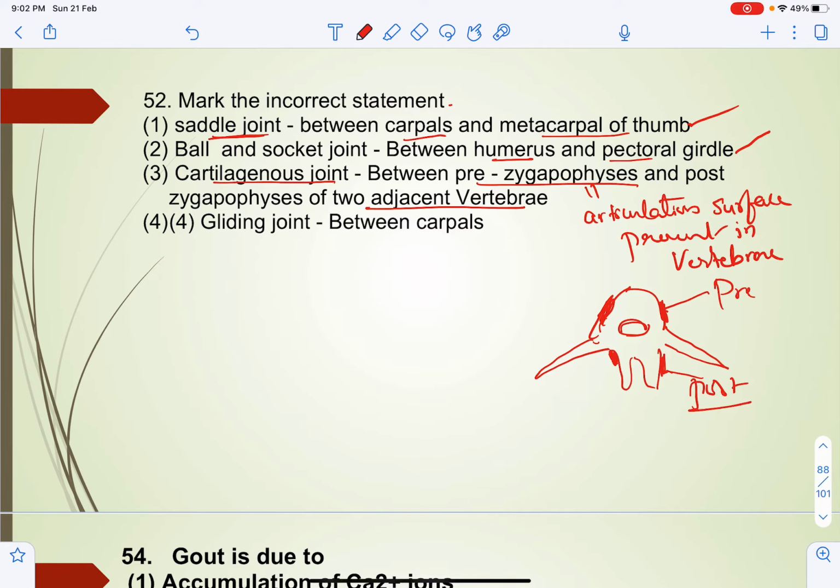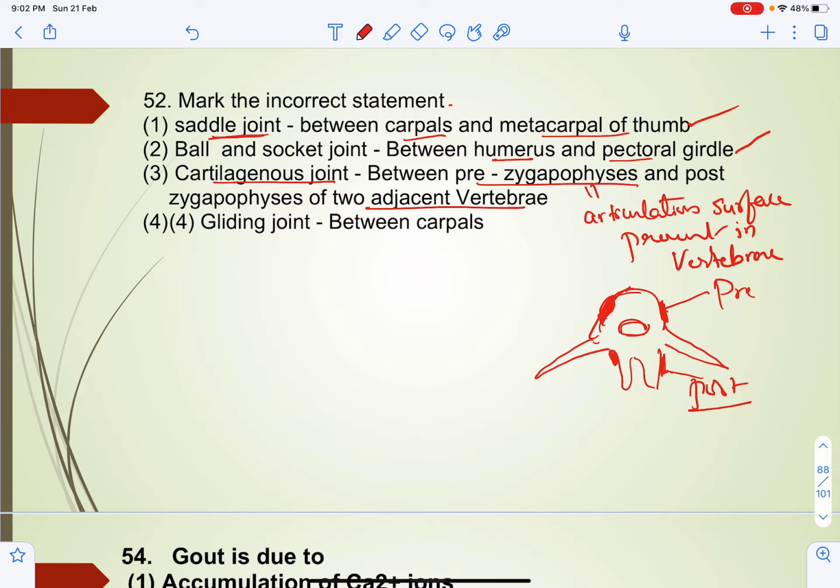So these are the articulations. And that is a gliding joint. In this case generally the cartilaginous joint is between the discs, between the vertebrae, right.